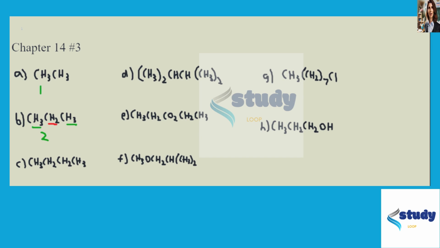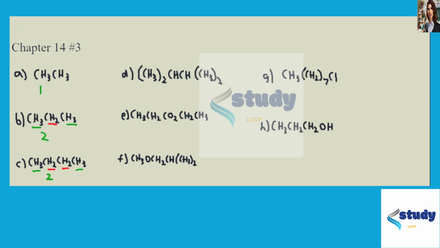Then for C, we also see 2 different types of hydrogens. Again, we have the methyl protons on the ends, and then we have these equivalent methylene protons inside. So we will also get 2 signals here for C. Okay, then for D, again, we're only going to get 2 kinds of signals.